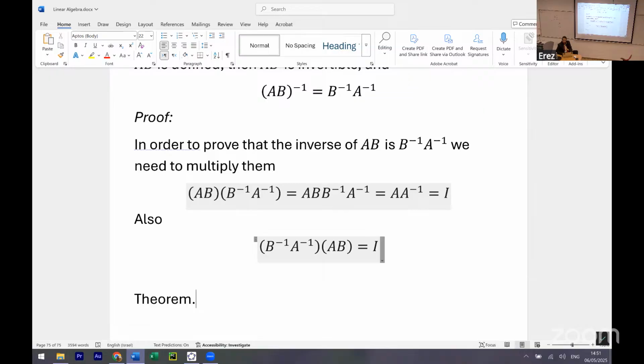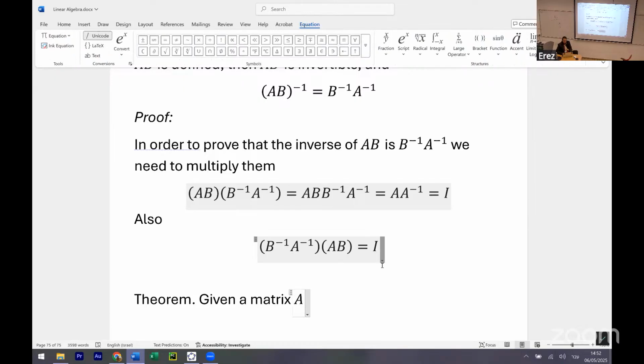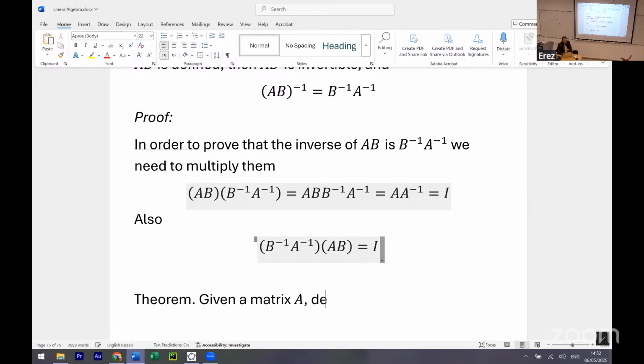So, a theorem, which is a conclusion of what we did. Given a matrix A, denote its canonical form, reduced echelon form.